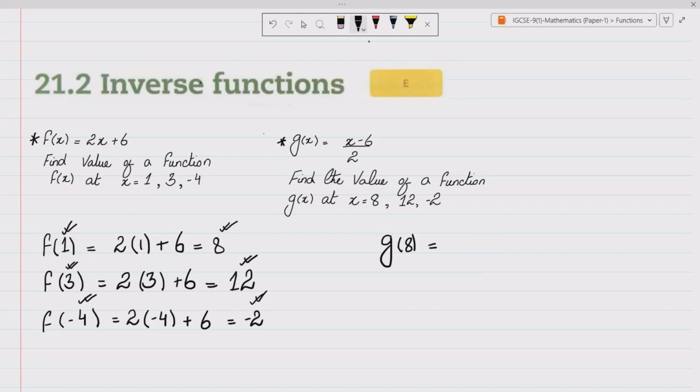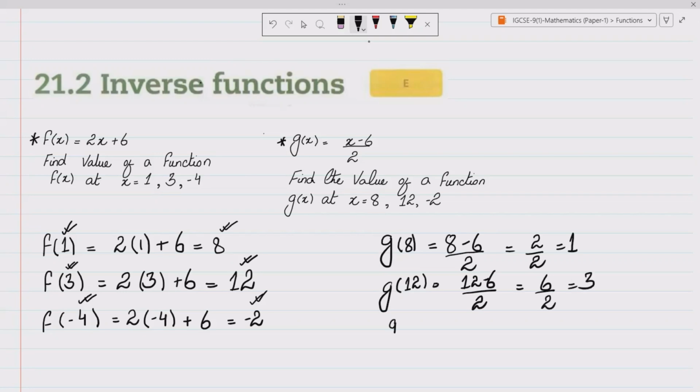So g of 8 is 8 minus 6 divided by 2. 8 minus 6 is 2, and 2 divided by 2 is 1. Then in place of x, we put 12. So g of 12 is 12 minus 6 divided by 2. 12 minus 6 is 6, and 6 over 2 is 3.